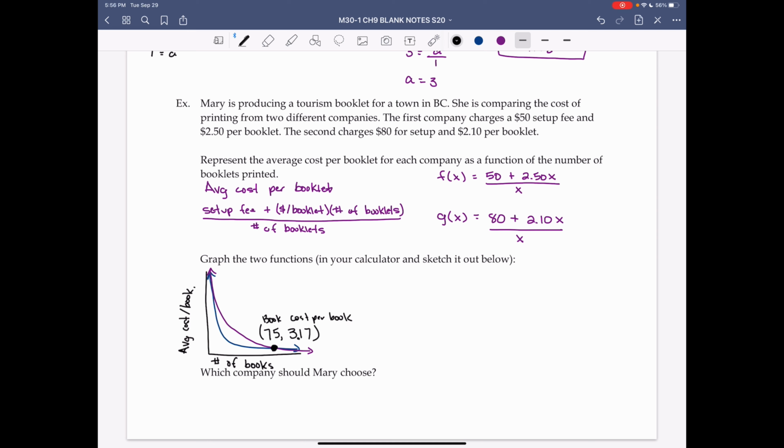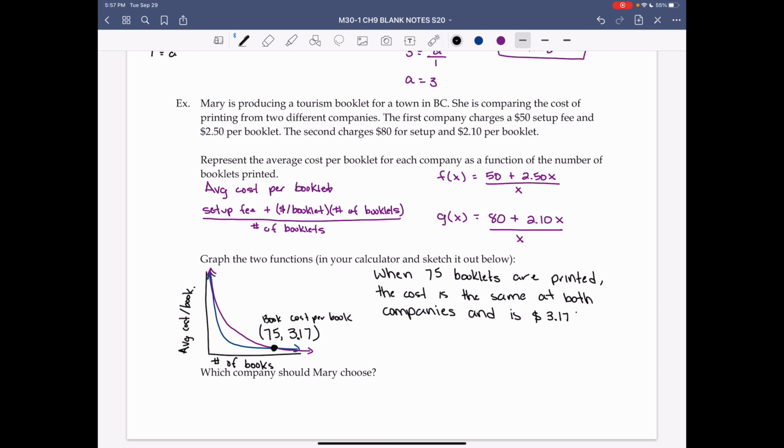So if they intersect at that point, it means when 75 booklets are printed, the cost is the same at both companies. And is $3.17 per booklet.